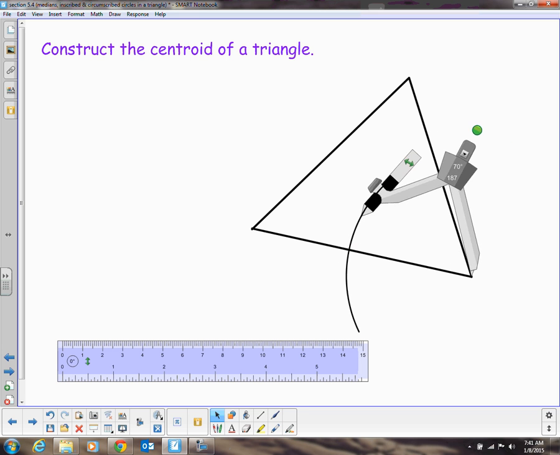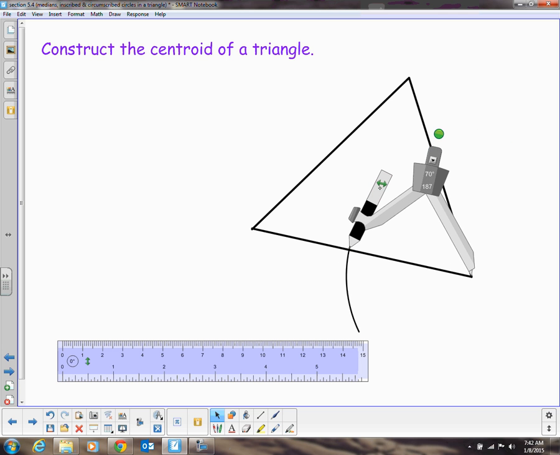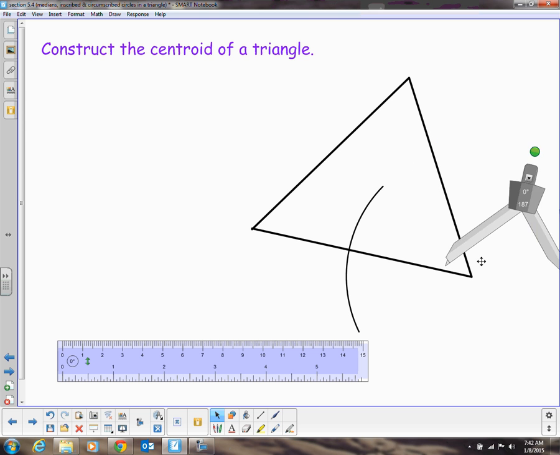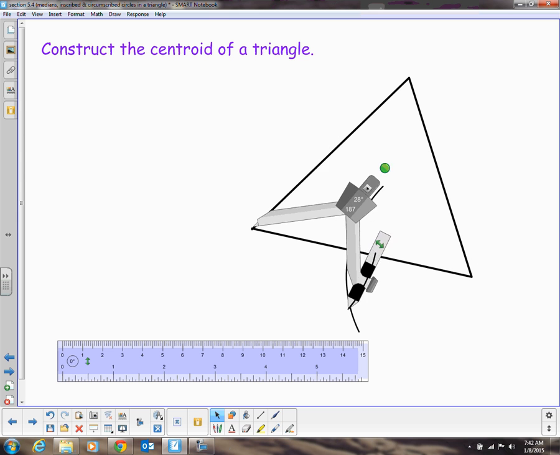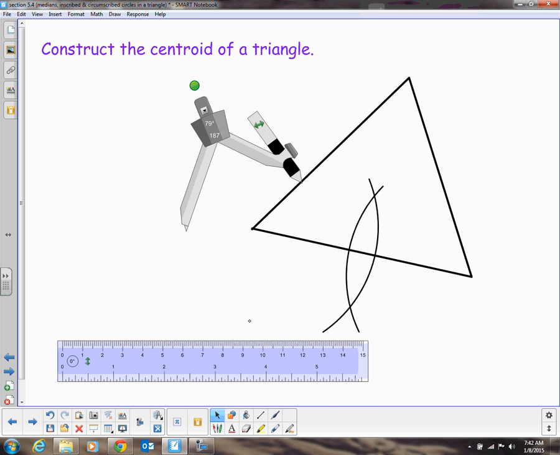So I'm going to, wait a minute, there we go. So I'm going to come over here, and here is my first line. I'm going to start here. Actually, all I want is the what. I need the what from the side.